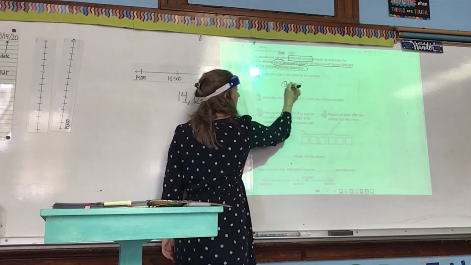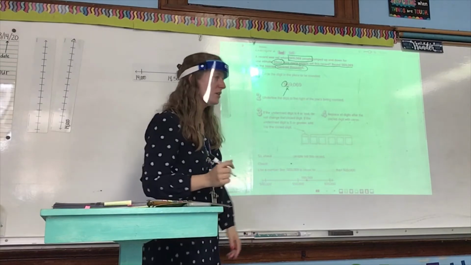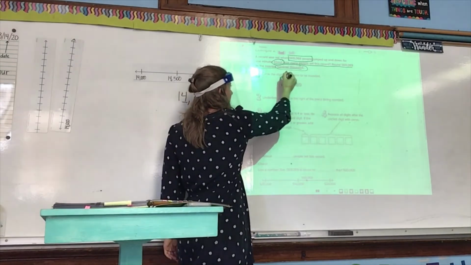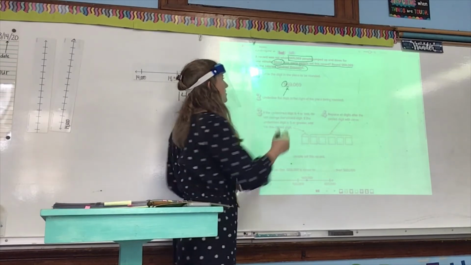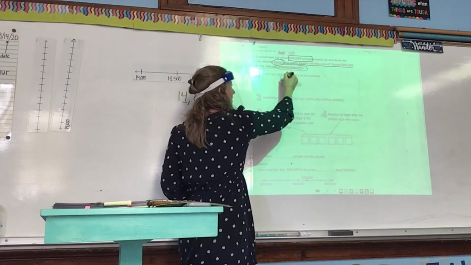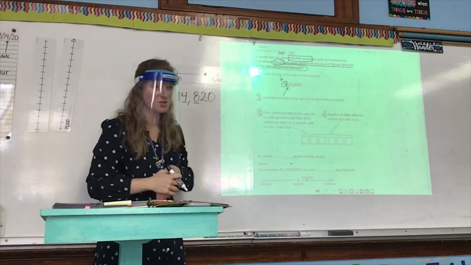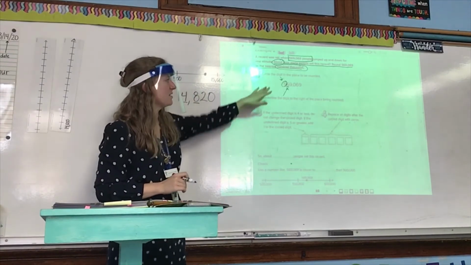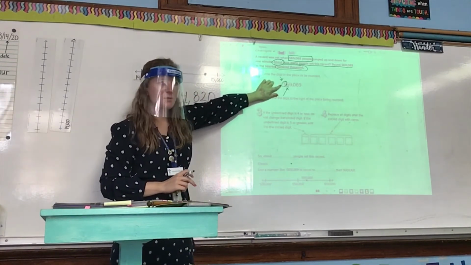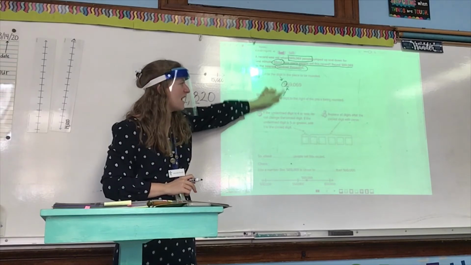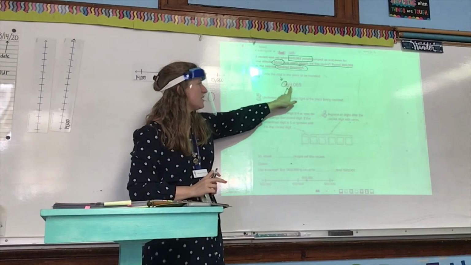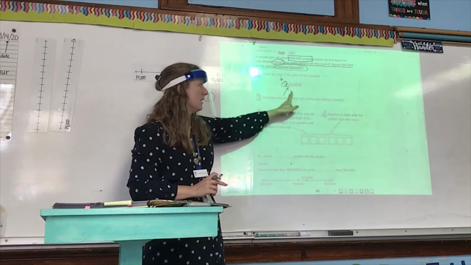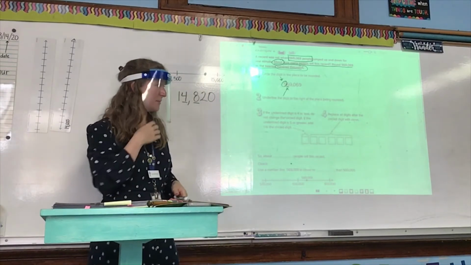Draw an arrow from step 2 to your underlined digit, and then draw an arrow from step 1 to your circle digit. Because step 1 was circle the digit in the place to be rounded, a 5 in the 100,000s place. Step 2 was underline the digit to the right. The digit right next to it to the right is a 6, so I underlined it.